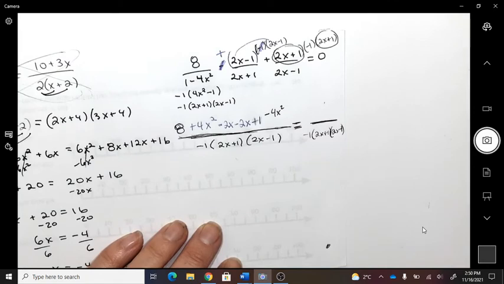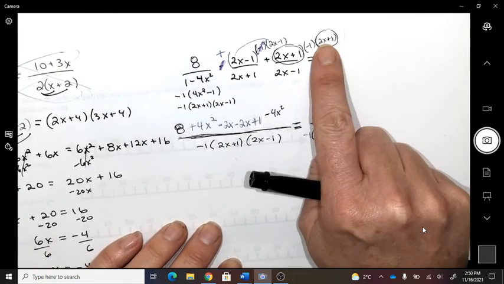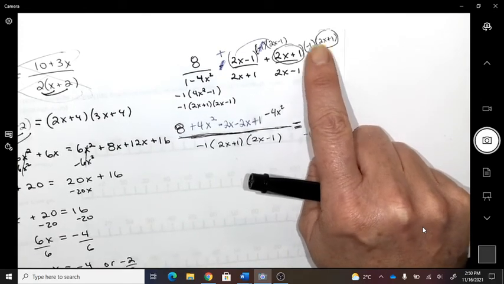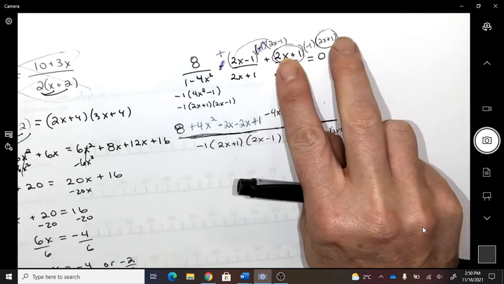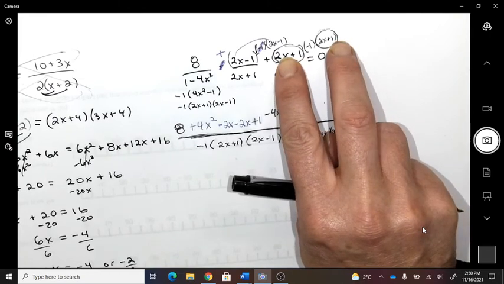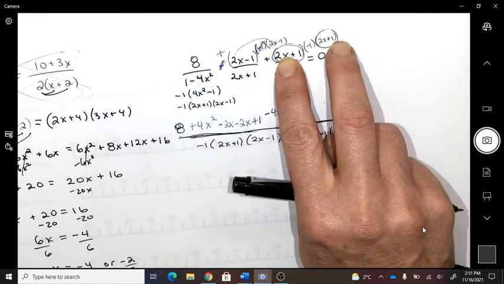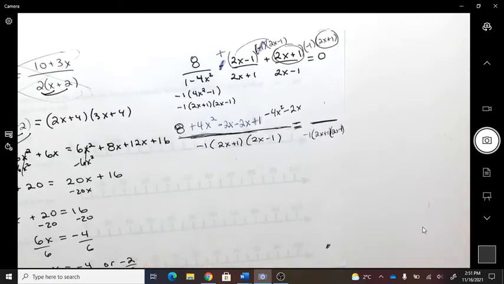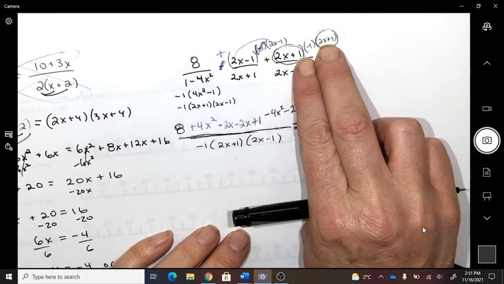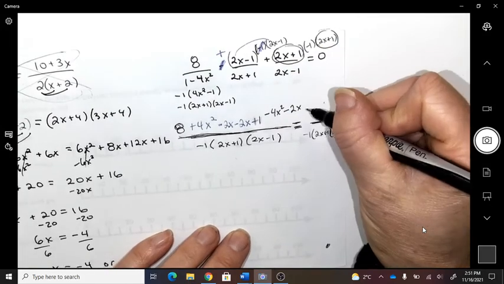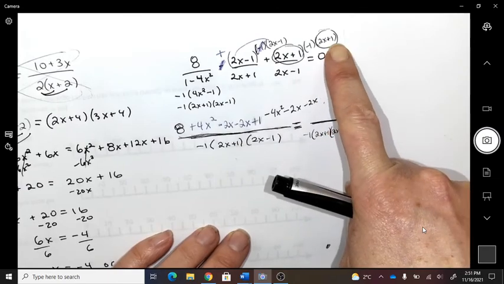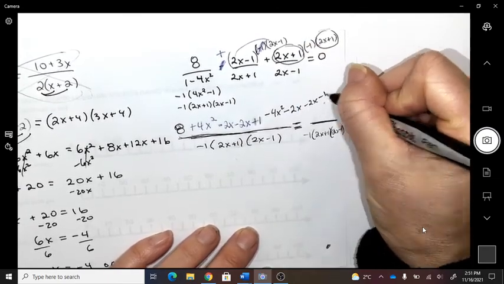Is that skipping too many steps if I do that? Was that okay? I did this times this, but then eventually I'm still going to have to times it by -1. Okay, outsides make 2x, but then I'll have to negate that yet. So -2x. Insides make 2x, but then negative. Last times last is 1, but then I'll have to negate it.